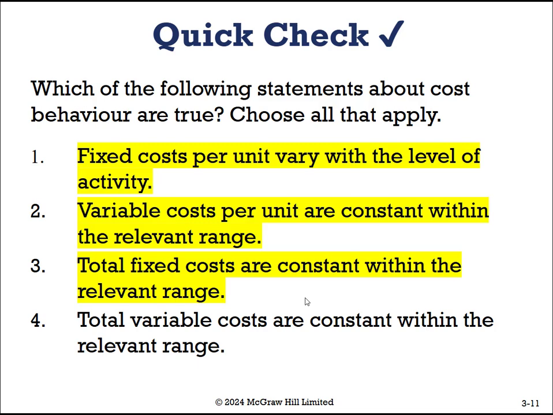Welcome back. If you said fixed costs per unit vary within levels of activity, you are correct. Fixed cost per unit vary with the level of activity. Yep. Variable costs per unit are constant within the relevant range.